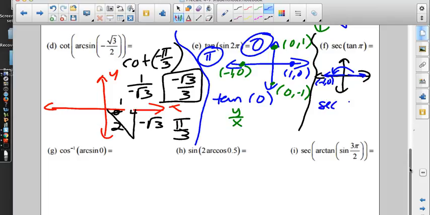So we have to think, where can we get secant to be 0? What do you flip to get secant? Cosine. So getting secant to be 0, where is that going to happen? That's what we're gonna figure out. Where's it gonna be?